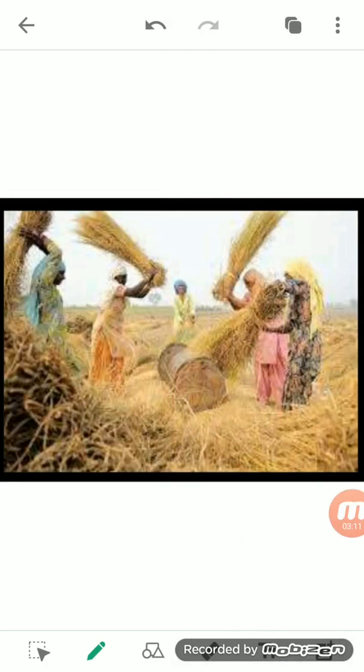You see here, threshing is done manually, in which a pile of stalks of the harvested crop is taken and beaten on this hard surface, due to which the grains present in the stalk get loosened and separated from the harvested stalk.